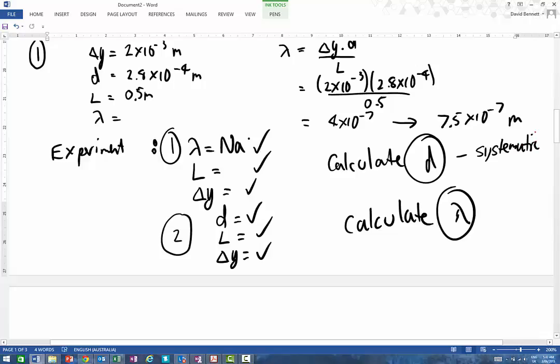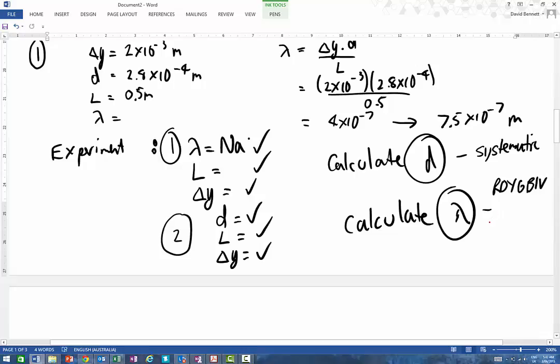Is that a major problem? It could be. The main thing, though, is when we start looking at the wavelengths and our rainbow colours, ROYGBIV, we know that red has a bigger wavelength than violet.